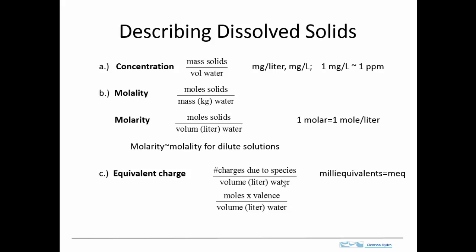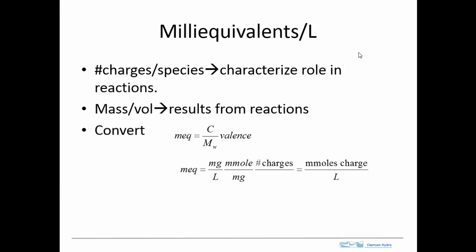And so the kind of reactions that occur with these ions, these ionic reactions, depend on the amount of charges that are in the water. And so the equivalent charge, or what's called the milliequivalents, are a way of describing this. So the milliequivalents, it's the number of charges per species.